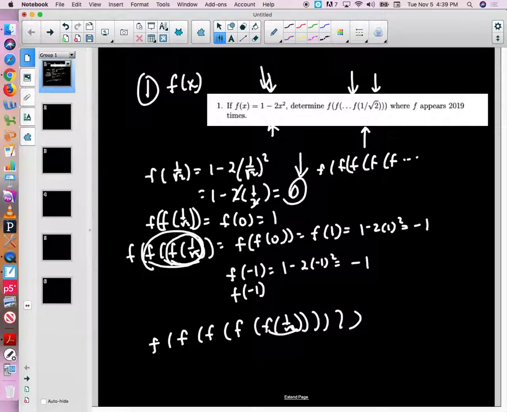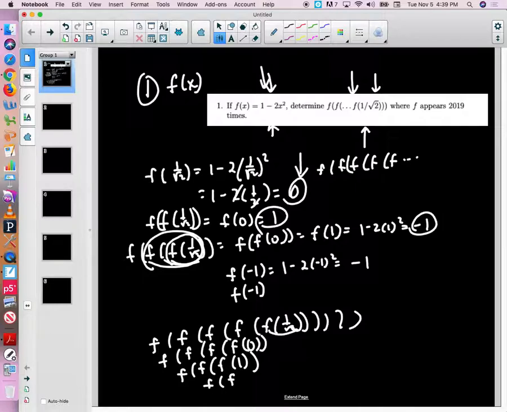And so then I had f of f of f of f of 0, and f of 0 was 1, so I had f of f of f of 1, and f of 1 was negative 1, so I had f of negative 1, and f of negative 1 is negative 1.